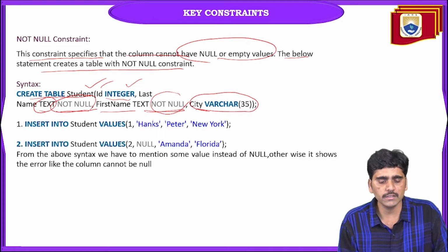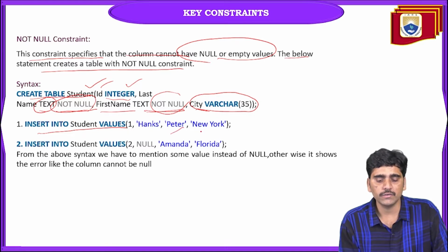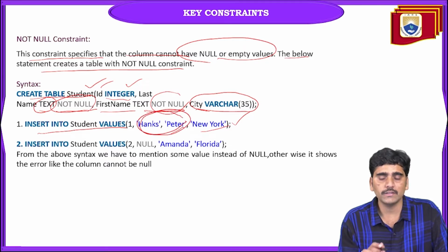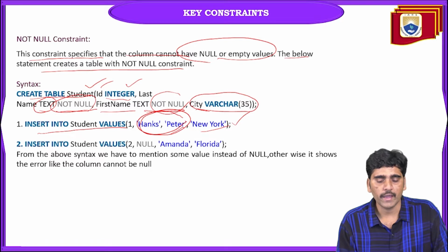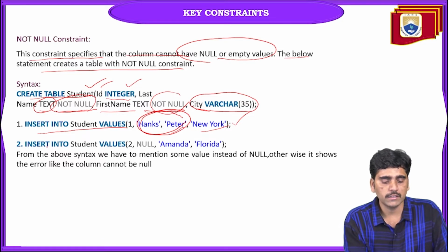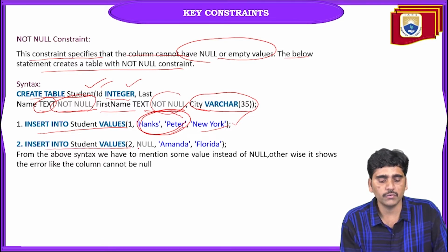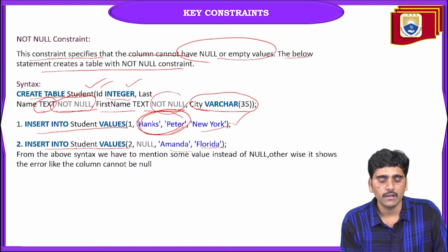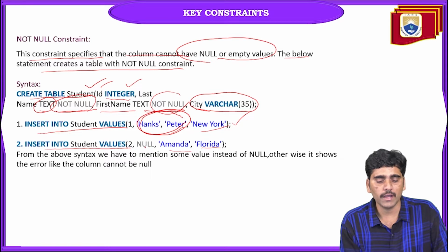See here, insert into student values: ID is 1, last name is Hanks, first name is Peter, and the city is New York. So here we are specifying values with data. And second, insert into student values 2, null, Amanda, Florida. Here we are specifying the last name as null.